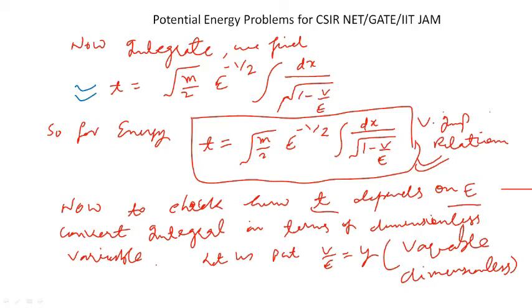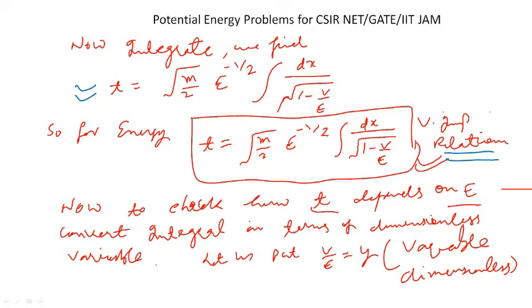Now we can write time is equal to root of m/2 E to the power minus 1/2 integral dx upon root of 1 minus V/E. It is a very important relation and you have to remember it. It will be used in further applications.